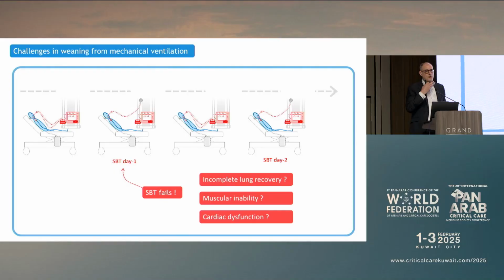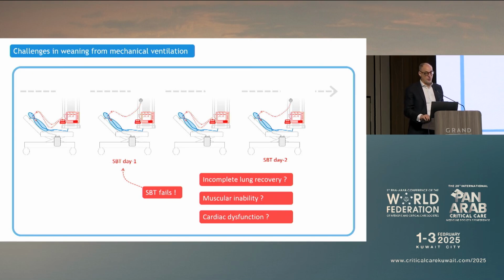What's the very practical problem? Our patient is under mechanical ventilation, and on one day you start weaning the patient with a spontaneous breathing trial, whatever the way you perform this trial. But this SBT fails. Of course, as you all know, this may be due either to lung problems, I mean incomplete lung recovery, to problems with the muscles, inability to breathe, but also to cardiac dysfunction.